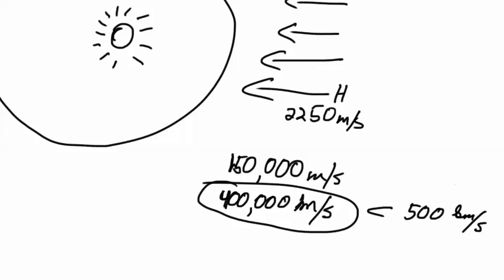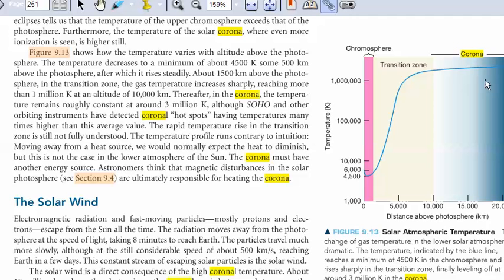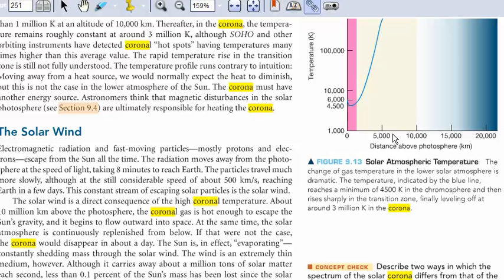But in any case, this 3 million Kelvin region here doesn't give you anywhere near the kinetic energy that the solar wind has.